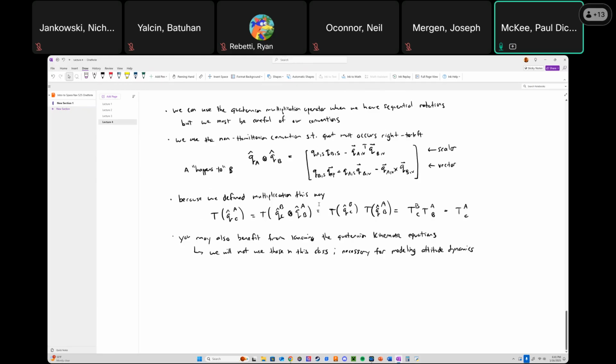Let's say you've got some cube floating in space, and it's got a body X direction, a body Y direction, and a body Z direction. It also has some rotation rate about the X, some rotation rate about the Y, and some rotation rate about the Z. Those are not angles, they're actually body rates.